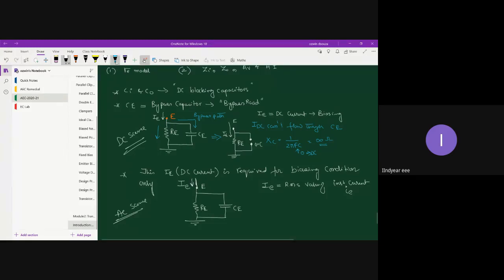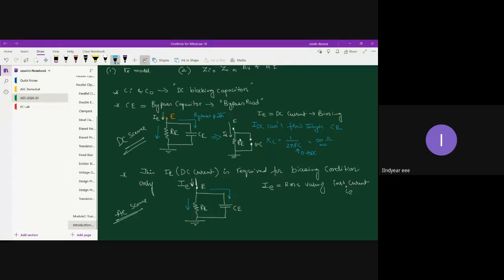Now, as you know, this current can flow through this part as well as this part. The question here is which path the AC current prefers: the emitter resistance path or the capacitor path.